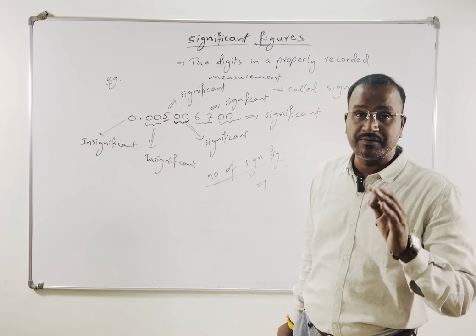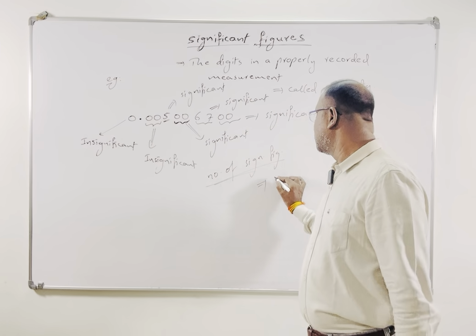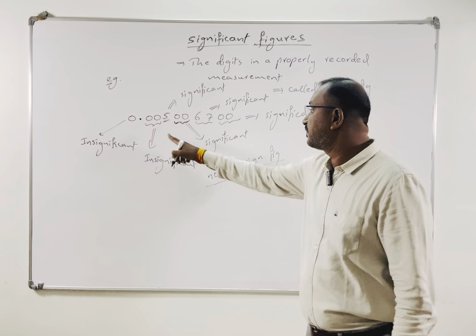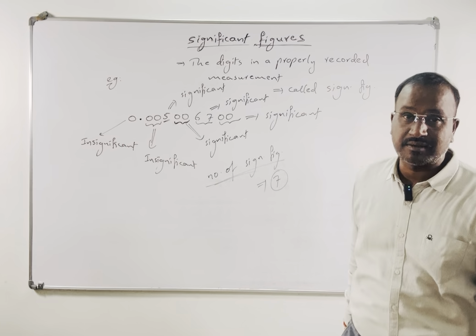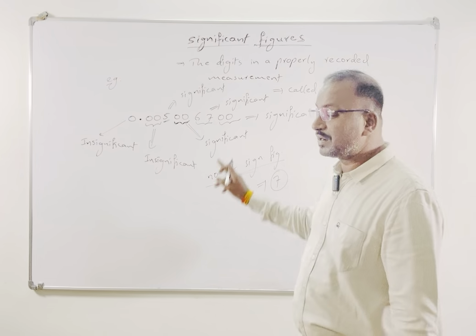So if we count, 1 2 3 4 5 6 7, 7 digits. 7 digits are significant. So the number of significant figures in this example is 7.